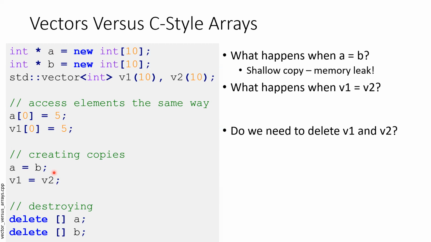So it does a shallow copy and causes a memory leak because nothing is going to be pointing to the original A. Now, what happens when we do V1 equals V2?